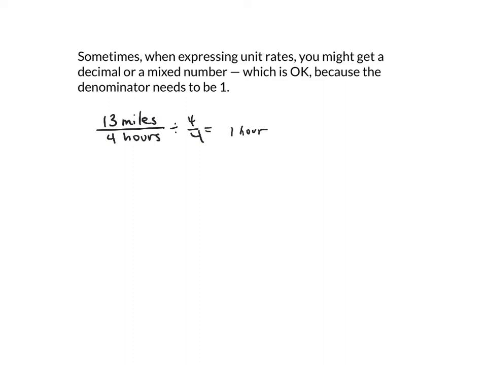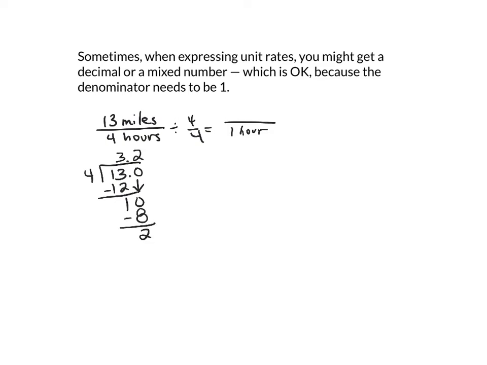So now I need to divide 13 by 4. I'm going to do the math over here. 4 goes into 13 3 times. 4 times 3 gives me 12. I subtract, I get 1. And I could put down a 0 if I want to make this into a decimal. Now I ask how many times does 4 go into 10? It goes in 2 times. 4 times 2 gives me 8.